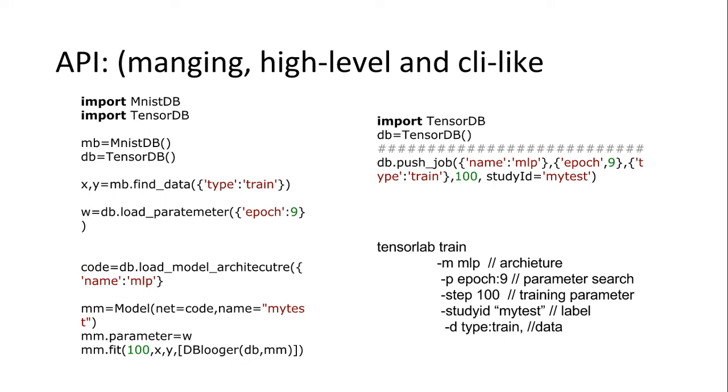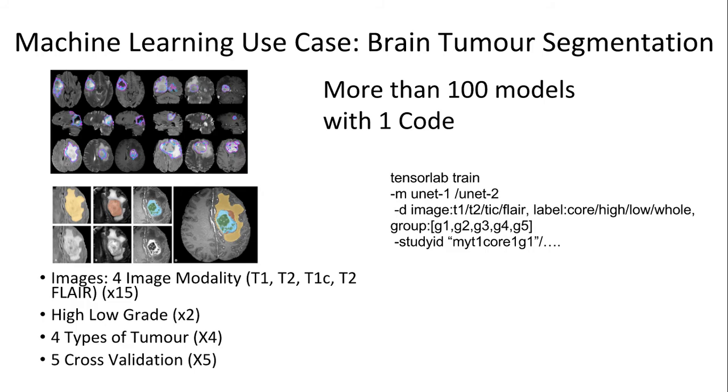On the right-hand side, you see the high-level API. It's just like a dictionary. You give the name of the model architecture, the parameters, and the data, and tell how many training steps. And you can build something like a command line tool based on this. So it's very straightforward and easy to use.